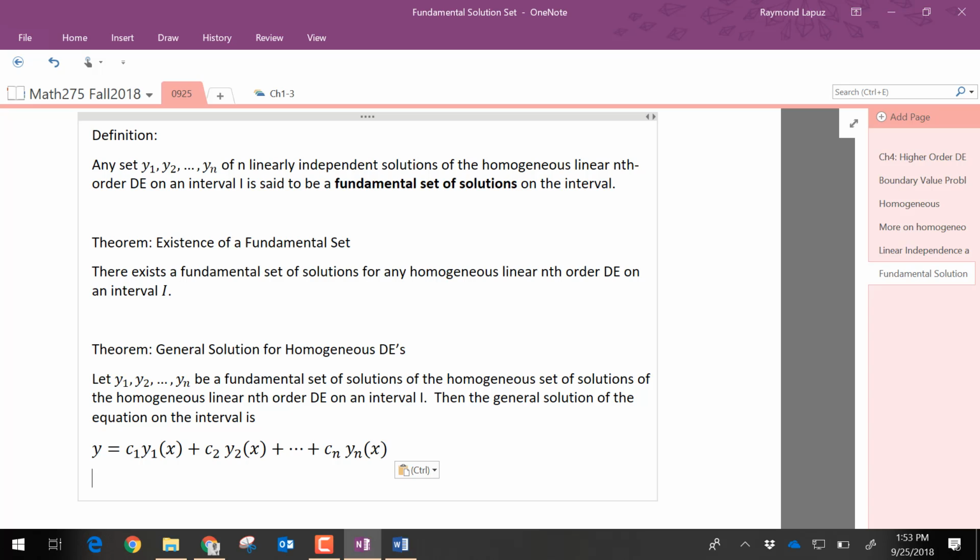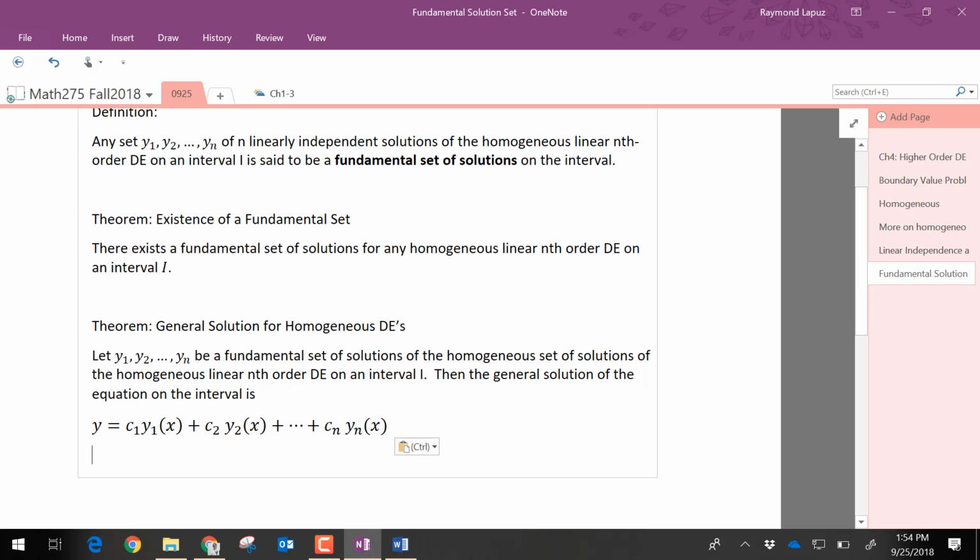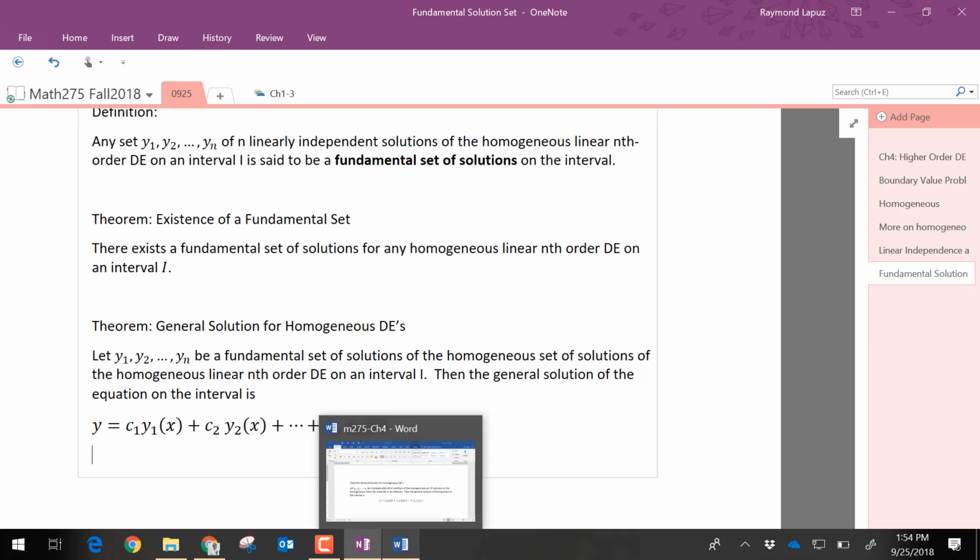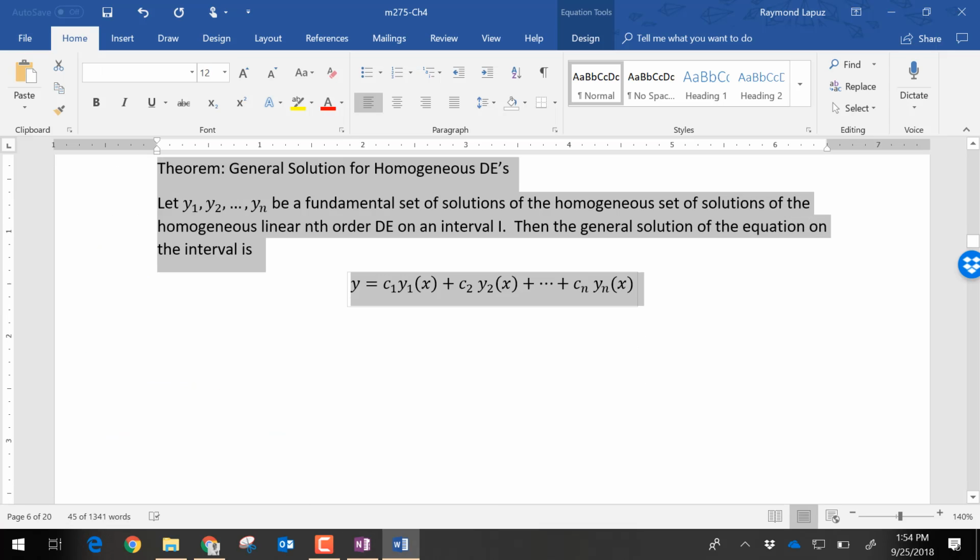Okay? So the general idea is find little solutions, and then we string them up to this one big solution. All right. That's the second part.